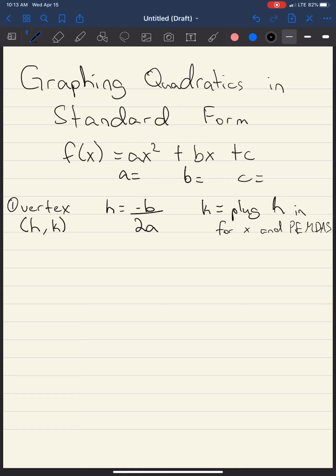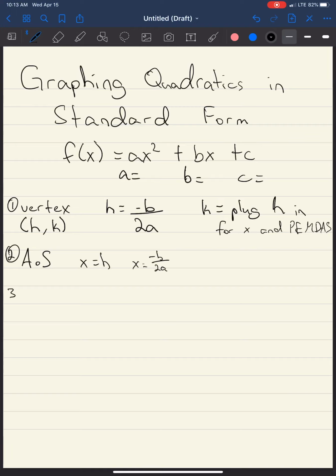Basically, solve it for Y or K. Once we find the vertex, we can move on to the axis of symmetry, and it's the same thing: X equals H, or you could say X equals negative B over 2A, because we already found H by doing negative B over 2A.